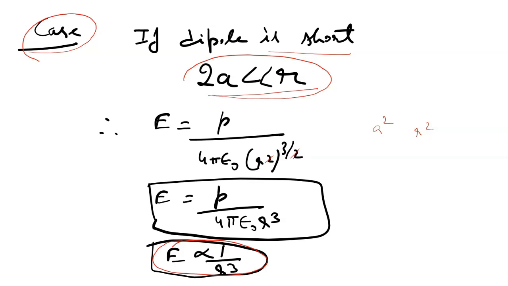So E equals p upon 4 pi epsilon naught r cube. It means E is inversely proportional to r cube for the equatorial line. The same is the case with the axial line.